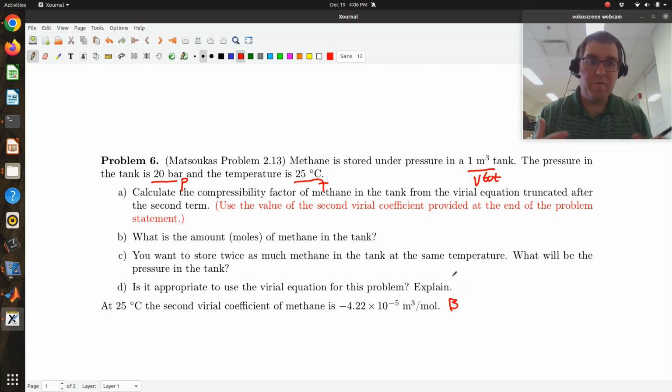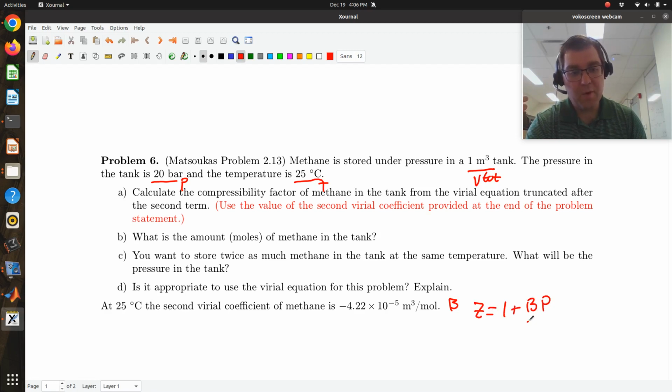Now, if you watched my posted lecture notes, when we think about the truncated virial equation, we can think of it as a power series expansion in P or a power series expansion in density, where density is 1 over the molar volume. Both are equivalent. The form that's typically used in the book is my truncated virial equation, 1 plus BP over RT.